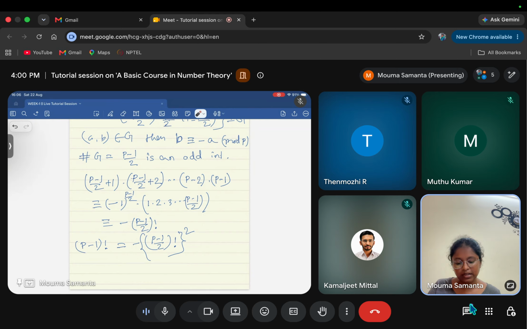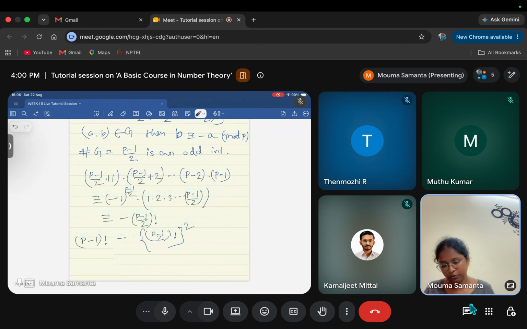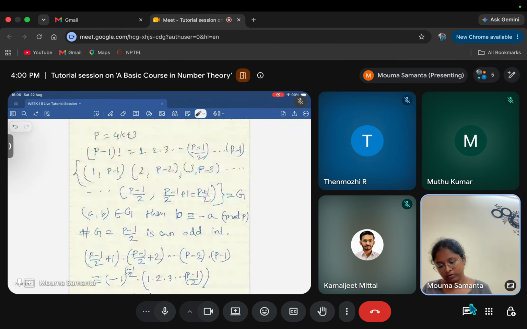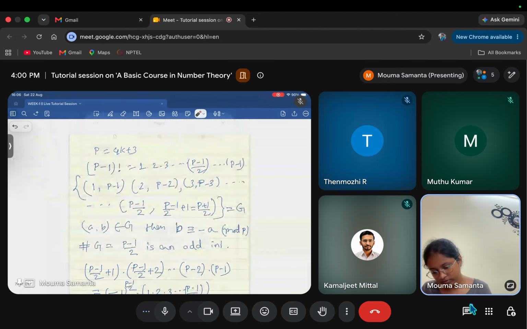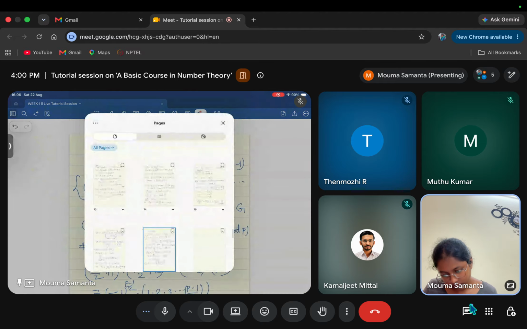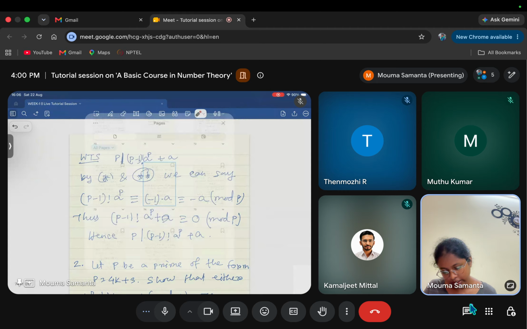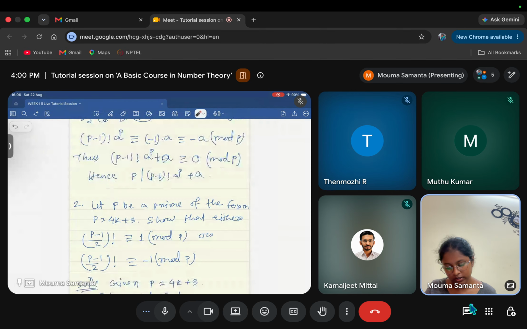Now p minus 1 by 2 factorial squared is congruent to 1 mod p, and hence p minus 1 by 2 factorial is either congruent to 1 or congruent to minus 1 mod p. So this was the proof.